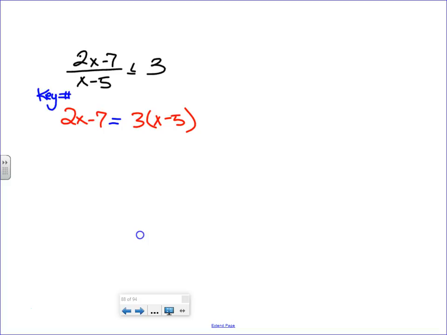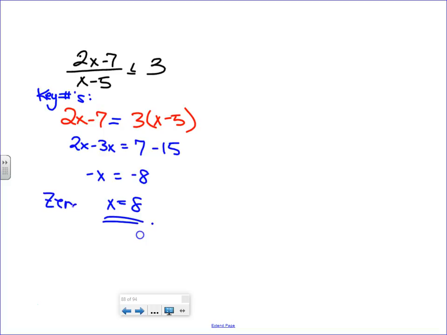If we're just doing key numbers, we could do that, and we would get down to 2x minus 3x equals 7 minus 15. Negative x equals negative 8, x equals 8. That is a key number, that is a 0. And who else could I remember?